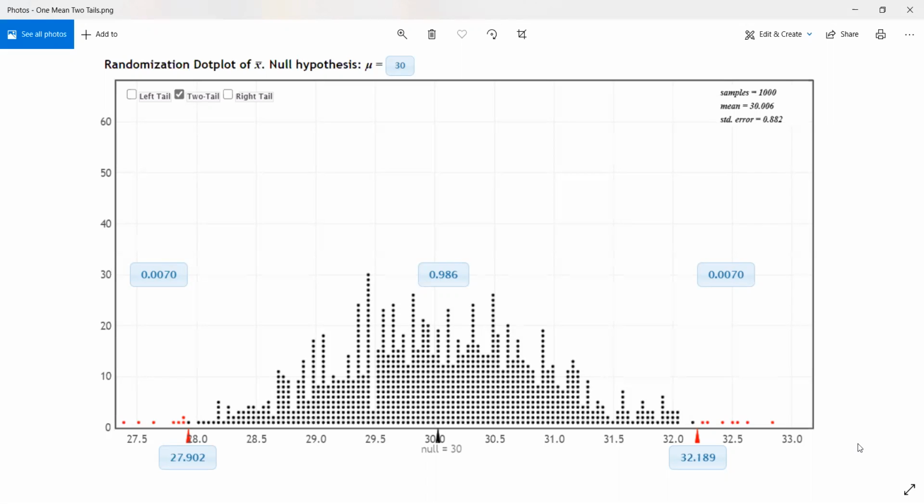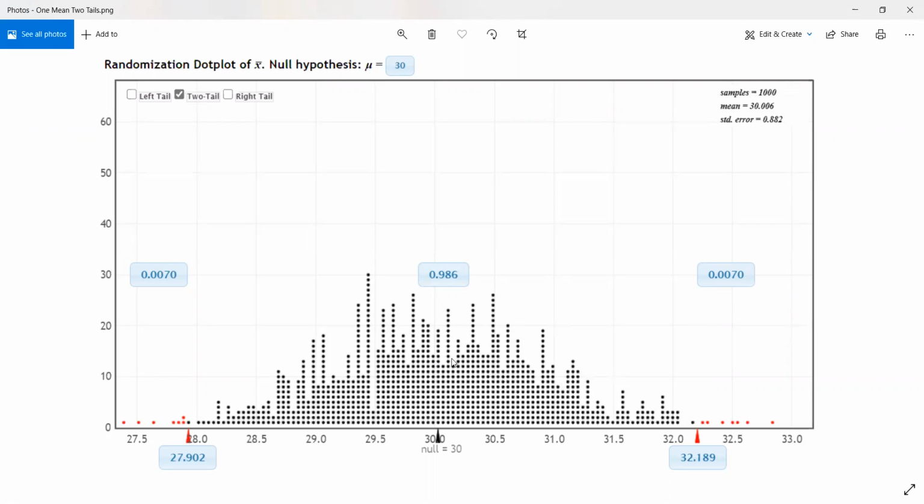Okay, anybody else? Remember, this is a two-tail test. 0.014. That's right. For a two-tail test, notice we have red dots on both sides. We need to add these two numbers here, because all the black dots in the middle are not part of the p-value.